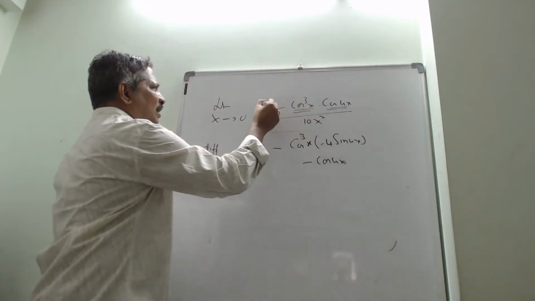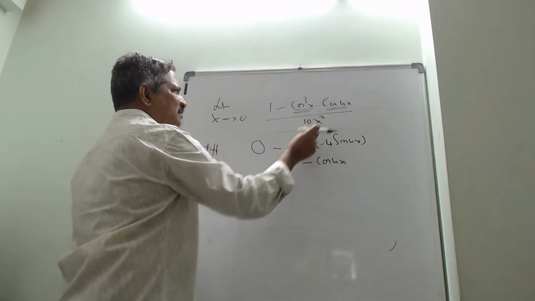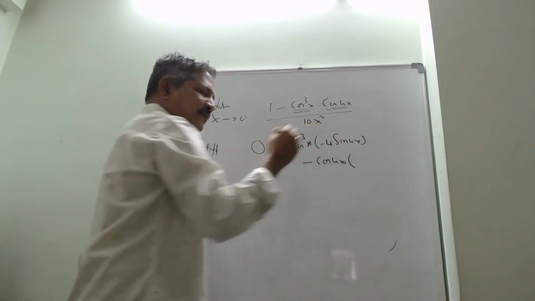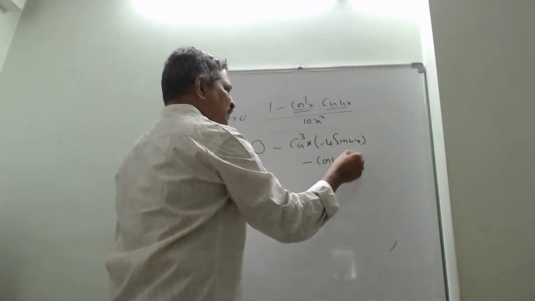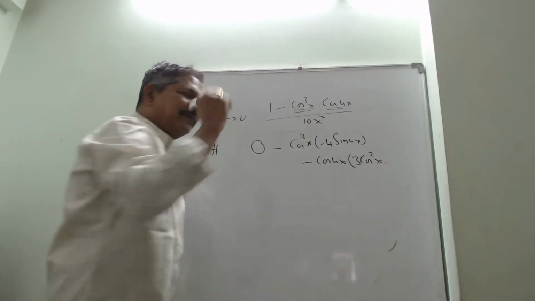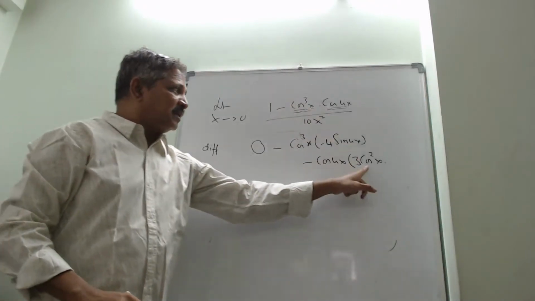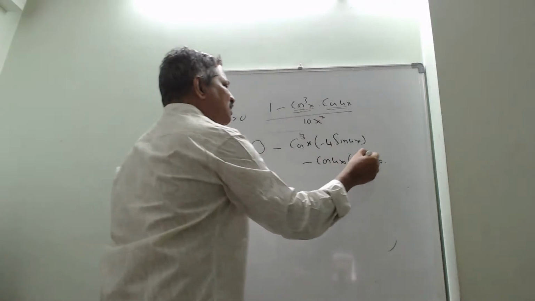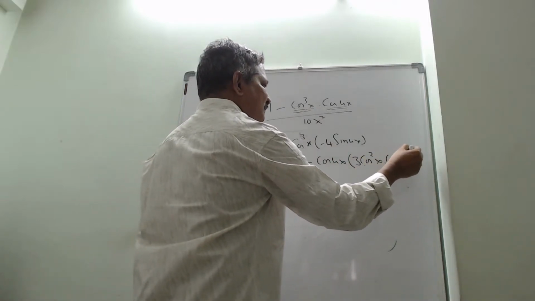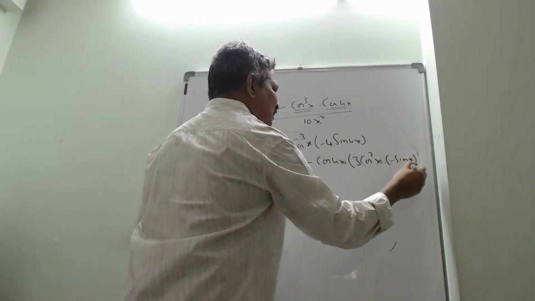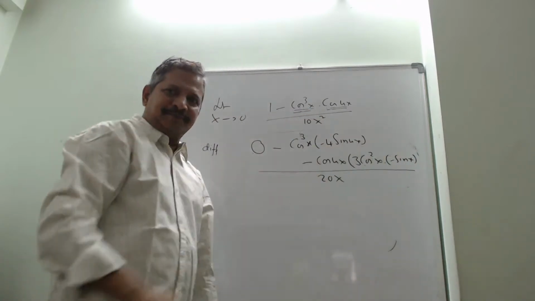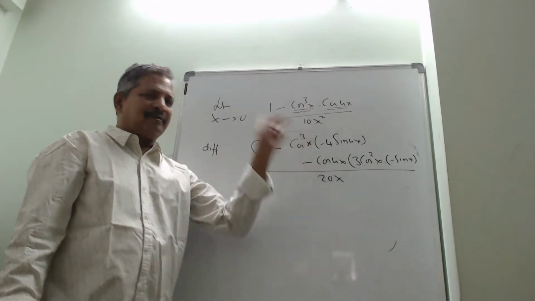I am doing derivative of 1 as 0, cos cube x u into v. Here v into u, cos cube derivative 3 cos square x into derivative of cos x, minus sin x, by denominator 10 into 2, 20x, because x square derivative is 2x, into 10 is 20x.